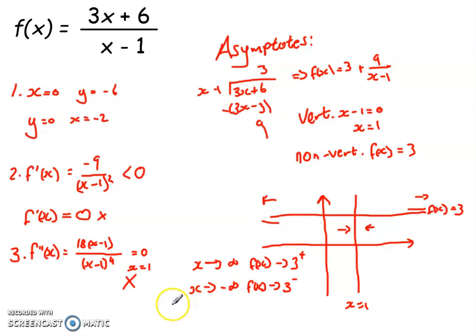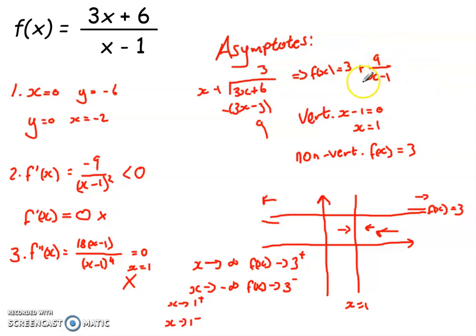What I now want to do is look at the behaviour as x tends towards 1 from above, and x tends towards 1 from below. If I approach x equal to 1 from this direction here, the value is always going to be bigger than 1, so my bottom's always going to be positive. So I'm going to have 3 plus a positive number.